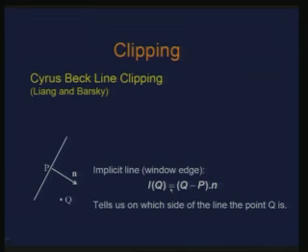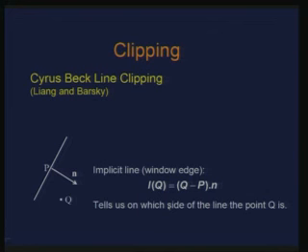Something similar to what we observed in the line drawing algorithm, where we were trying to answer the question of the location of the midpoint with respect to the line. So, this implicit representation enables me to answer on which side of the line the point Q lies. The point P is any point on the line.